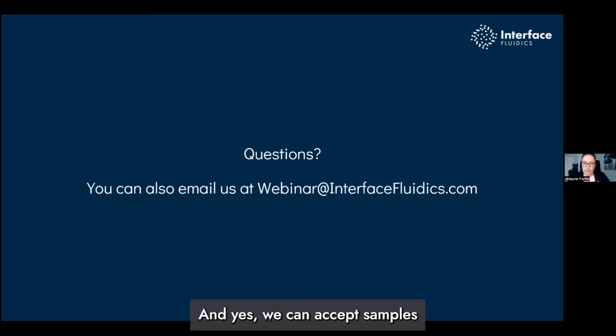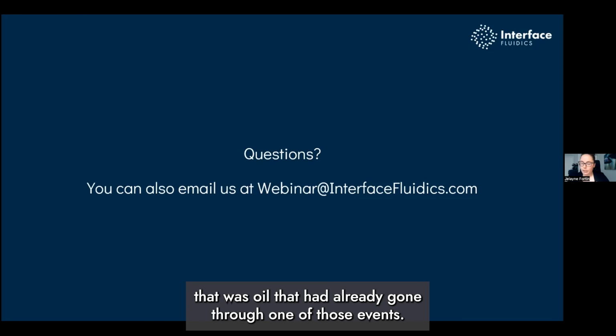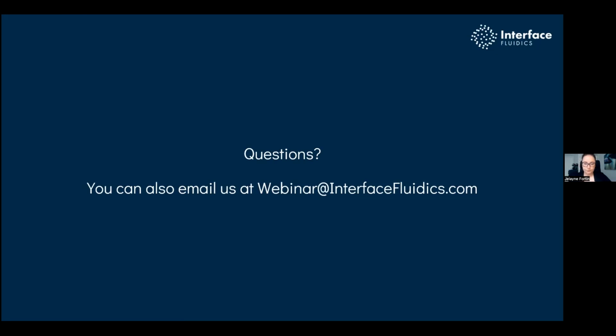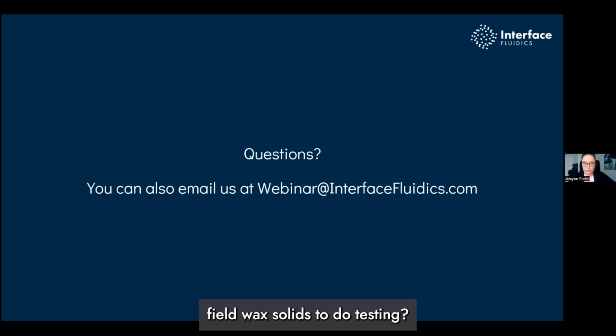And yes, we can accept samples that have already gone through this. We like to take actual oil field samples. The oil I went through today was oil that had already gone through one of those events. Great. Can Interface use field wax solids to do testing?